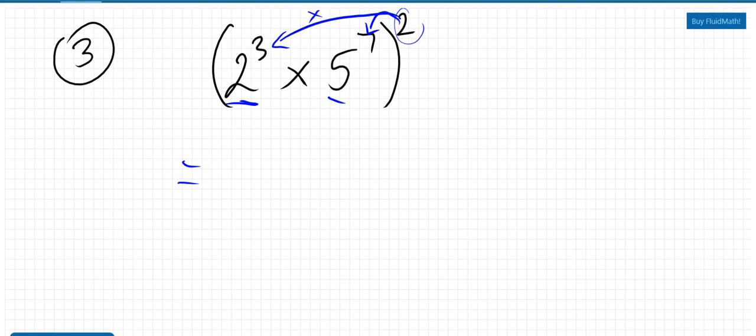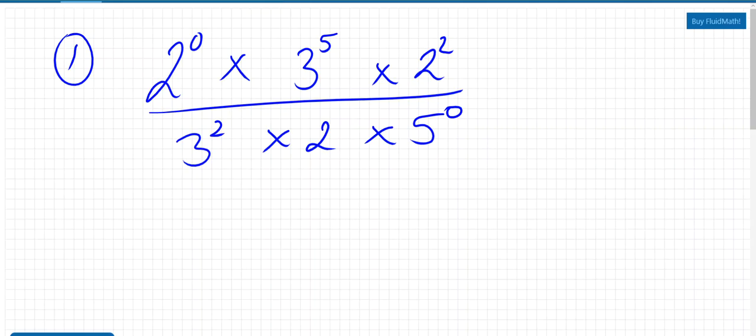Every power inside the brackets gets multiplied by that 2. So I get my bases ready: 2 and 5. Now let's multiply the powers. 2 times 3 is 6, and 2 times 7 is 14. Now let's check. Do we have the same bases here? 2 and 5 are different. So I stop there. I can't add the powers, 6 and 14, because they belong to different bases.